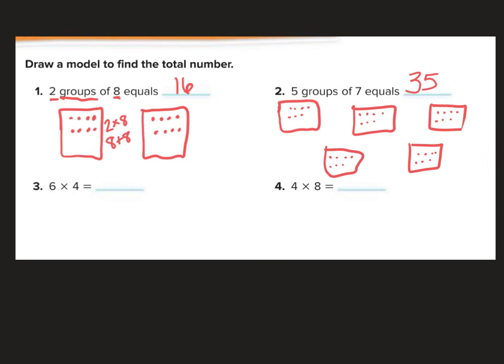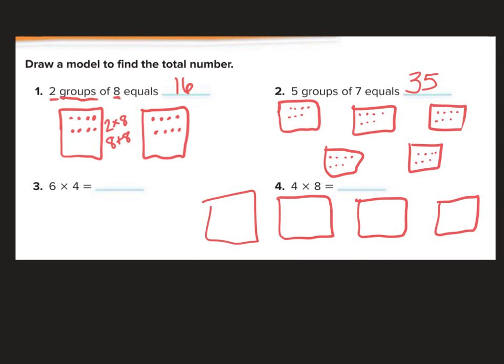Okay. Let's do one on the bottom. Let's do 4 groups of 8. So I've got 1, 2, 3, 4 groups of 8, each with 1, 2, 3, 4, 5, 6, 7, 8.